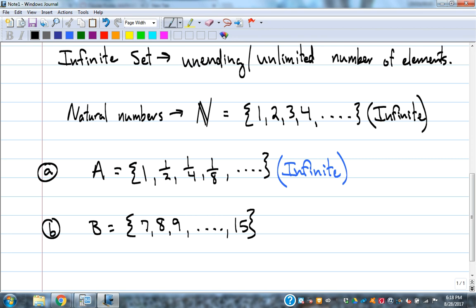They started at 7, went to 8, 9. We know that ... represents which numbers? 10 through 14, right? Because the pattern has been established and it stops at 15. So this would be what kind of set? Finite, because it stops, and it's got a certain number of elements in it because it ends.